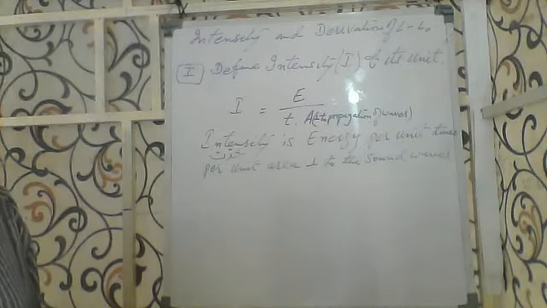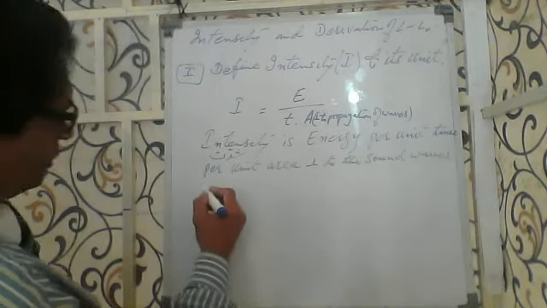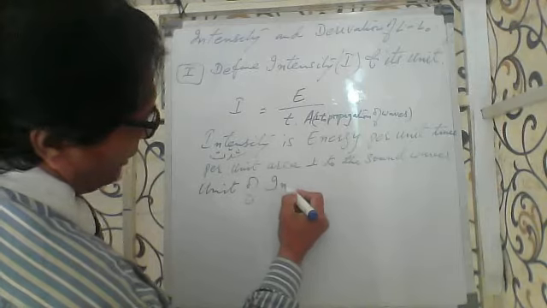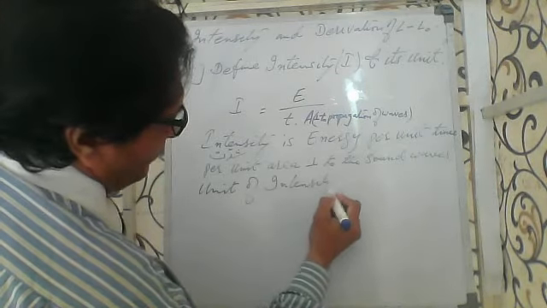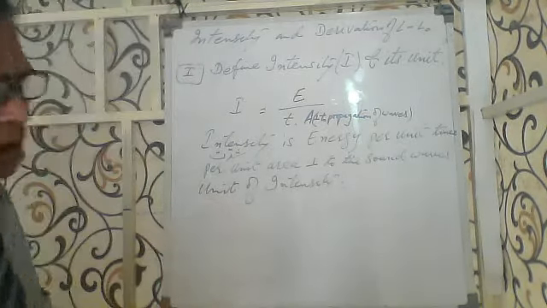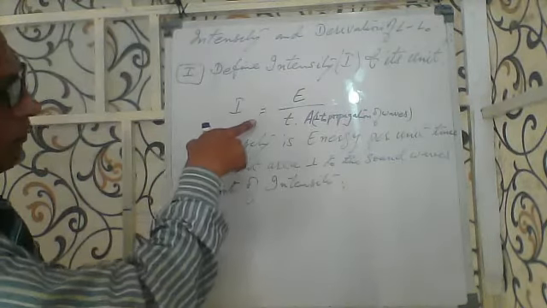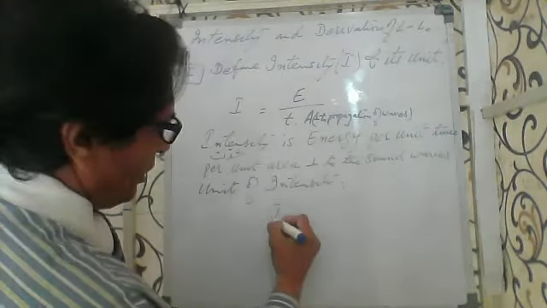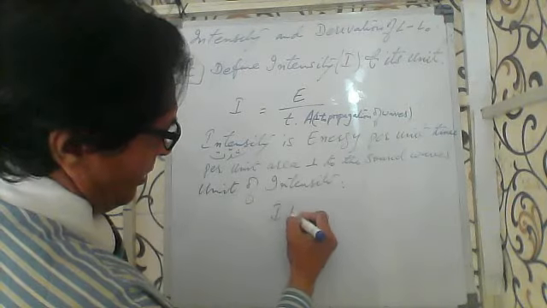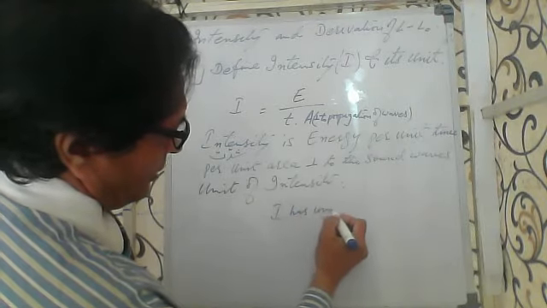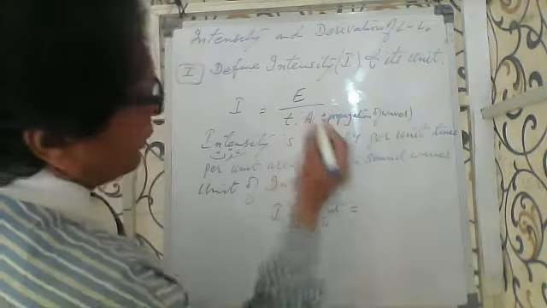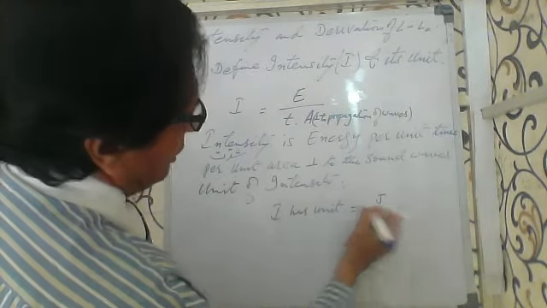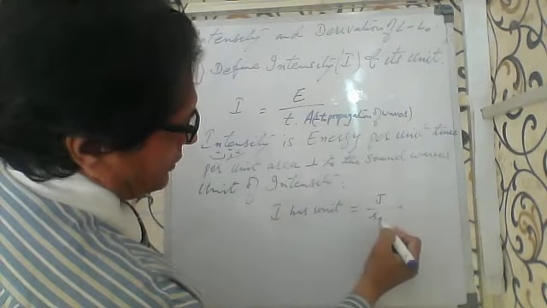Now we will come towards the unit of intensity. For the unit of intensity, we will again refer to this formula. I has unit equal to, what's the unit of energy? It is joule. Per unit of time, it is second.